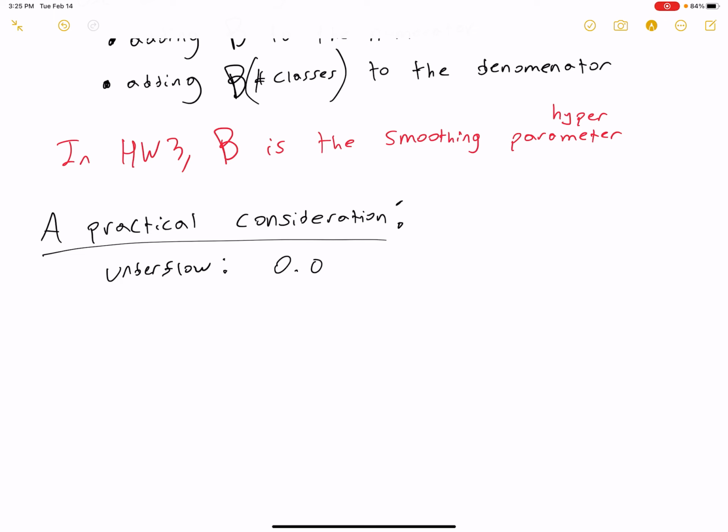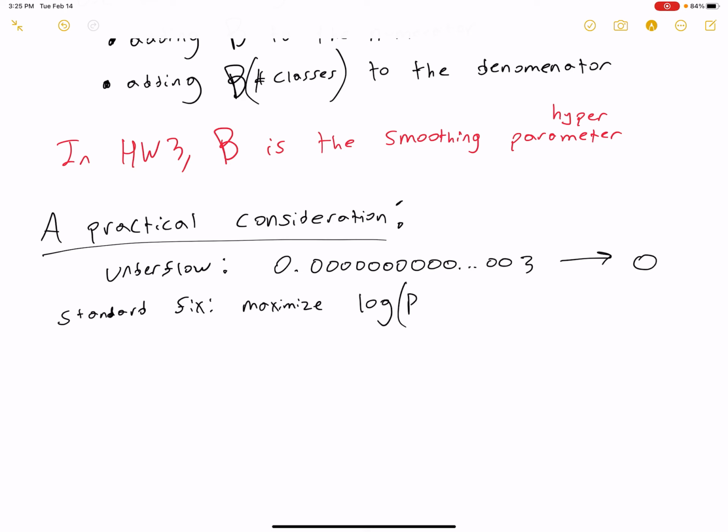So like 0.00000000000003 would just be represented as 0 on a computer. So just like with maximum likelihood estimation, the standard fix is to maximize the log of the probabilities.